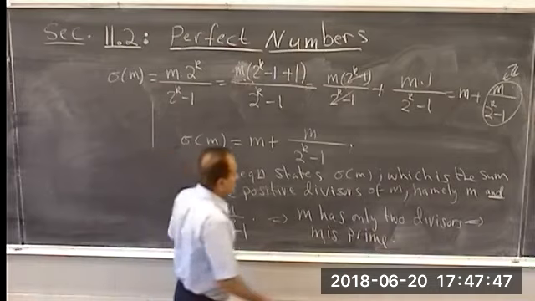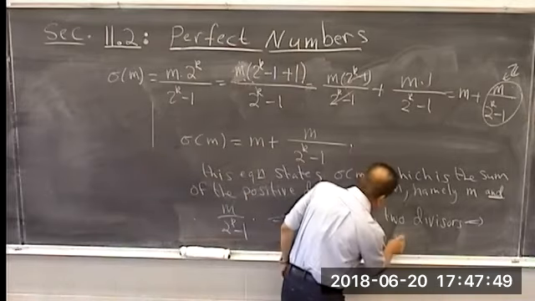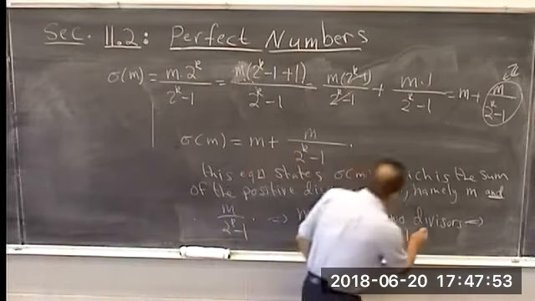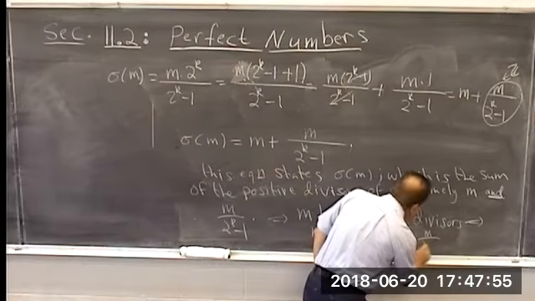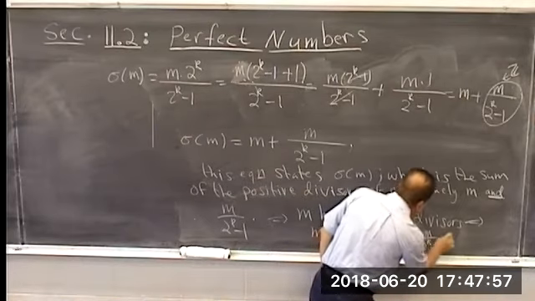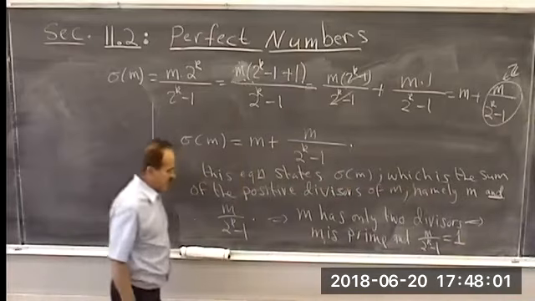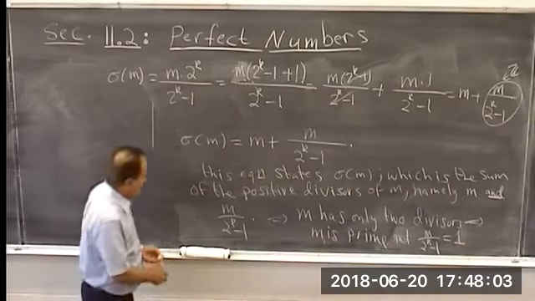And the m over 2 to the k minus 1, this other divisor, must be the trivial divisor 1. All right?